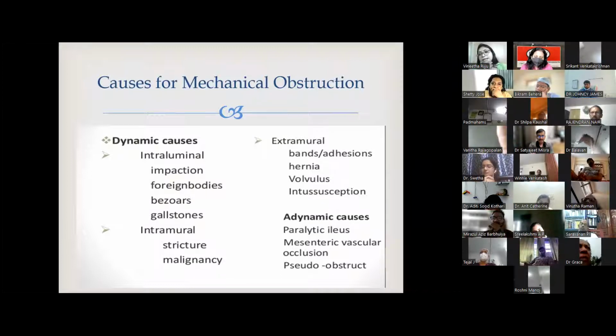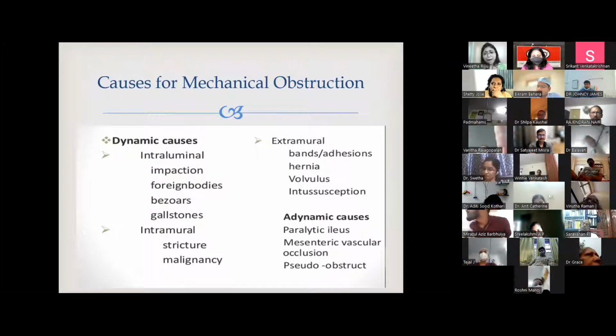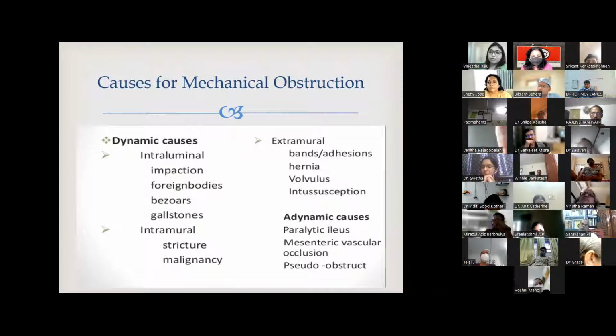So how do we see the symptoms of these patients who present to us? Because that is our concern. In palliative care, not always are we able to completely cure the situation. You have a patient who presents to you with pain, distension, constipation, and vomiting because of obstruction. But you are not able to reverse it because it's because of cancer, probably.